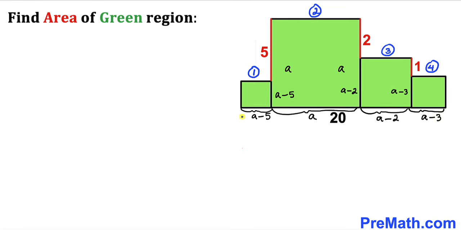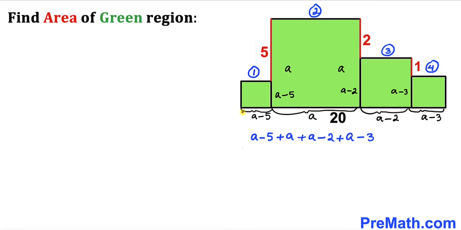And now let's go ahead and combine all these individual lengths. We are going to add them up. We got a minus 5 plus a plus a minus 2, and then finally plus a minus 3.